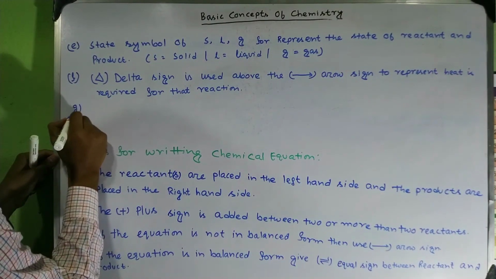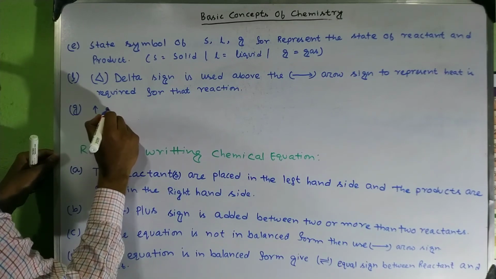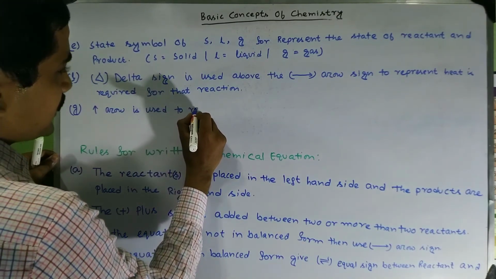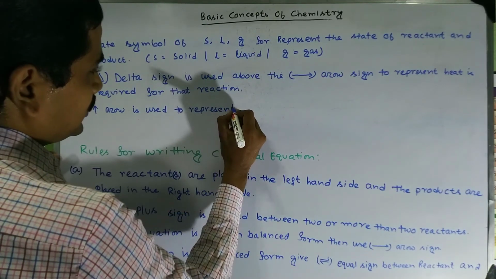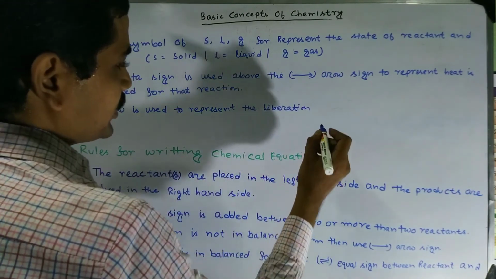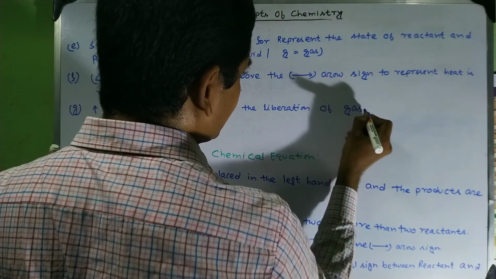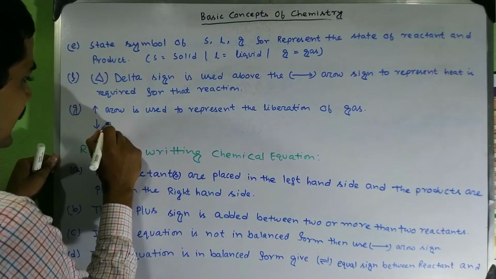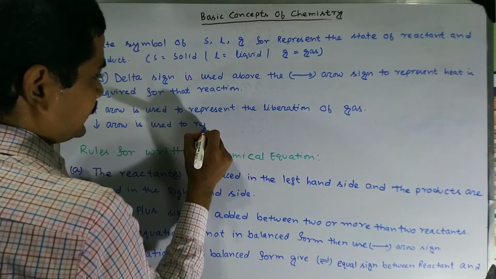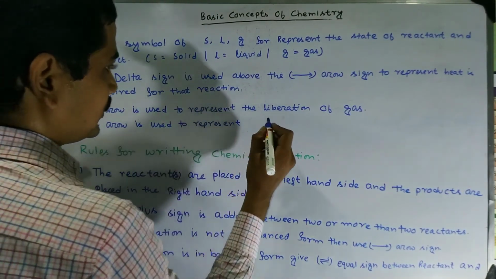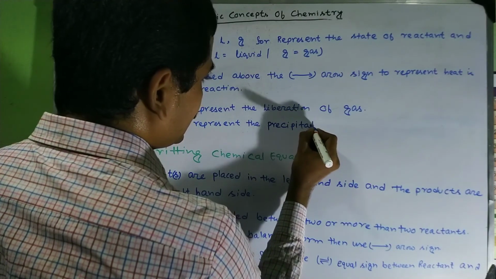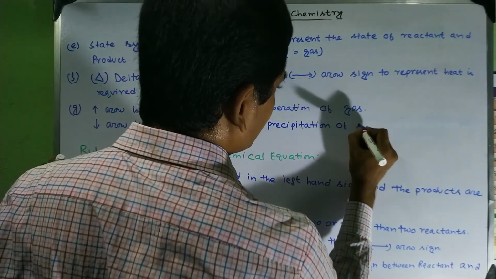G. Sometimes an arrow is used to represent the liberation of gas, and this arrow is used to represent the precipitation of a substance.